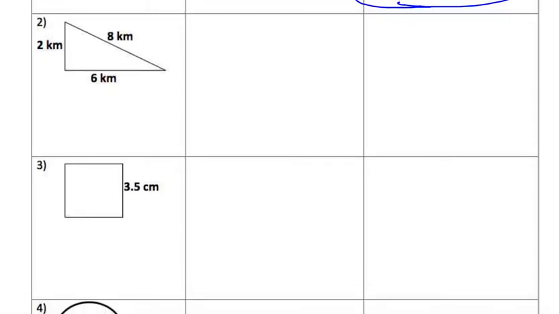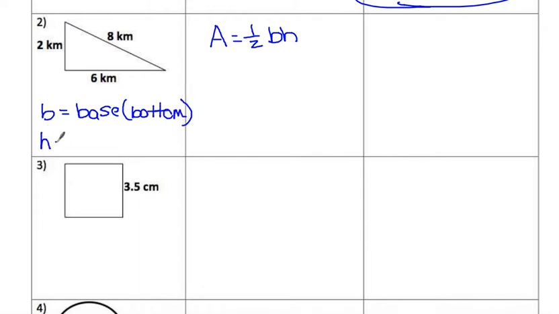Now to do the area and perimeter of a triangle, the area formula for a triangle, if you look on the formula sheet, is 1/2 BH. The B stands for base, or the bottom of the triangle. The H stands for height, and that's the height of the triangle.